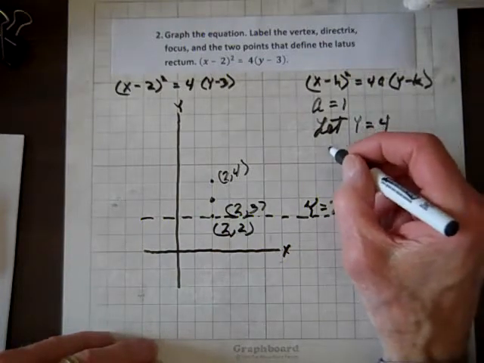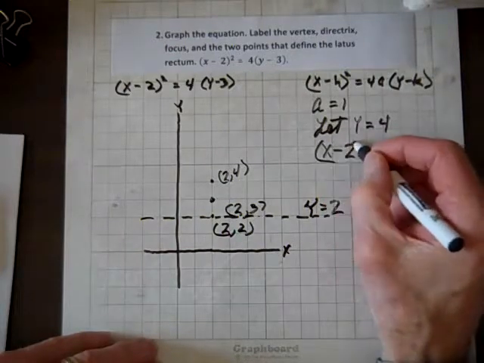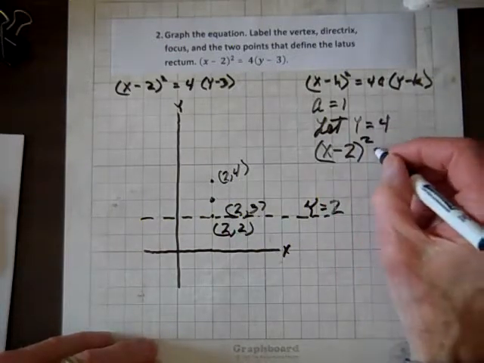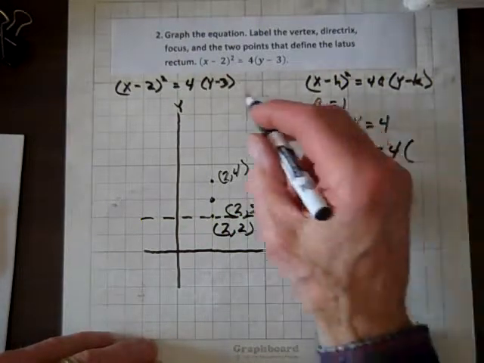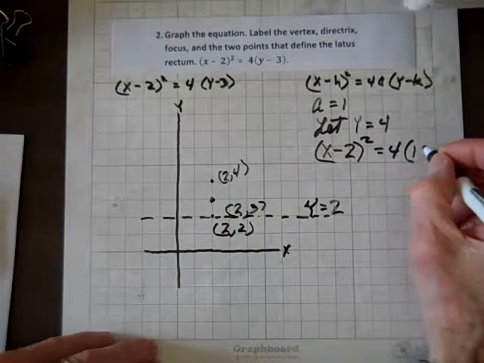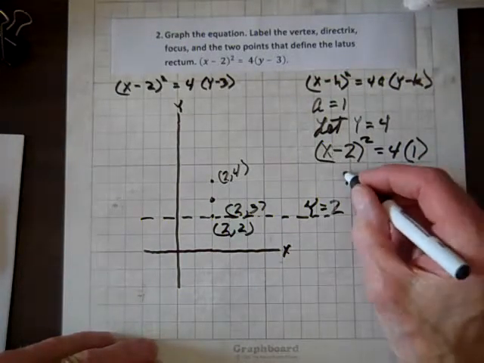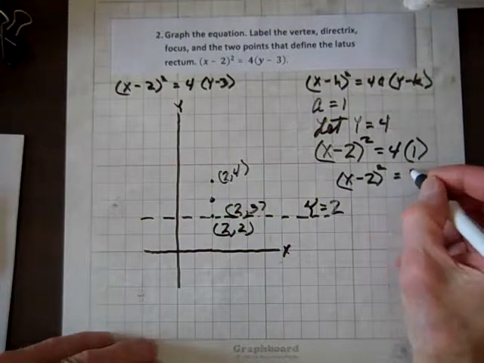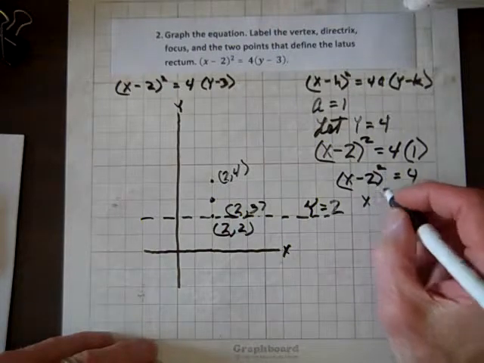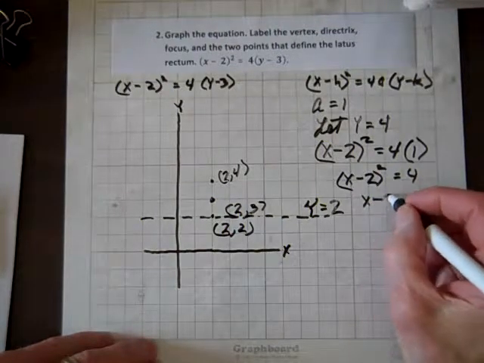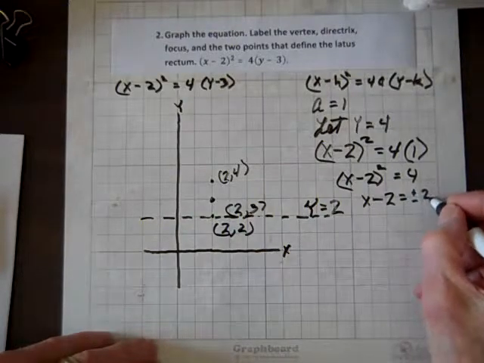And in doing that, we have x minus 2 quantity squared equals 4 times, and letting y be 4, 4 minus 3 is 1. So we get x minus 2 squared equals 4. Solving this, we have x minus 2 equals, by the square root property, plus or minus 2.